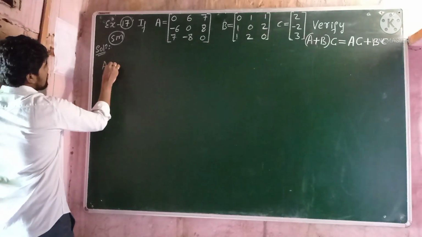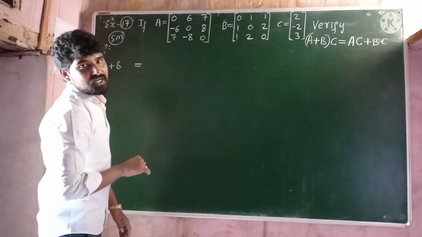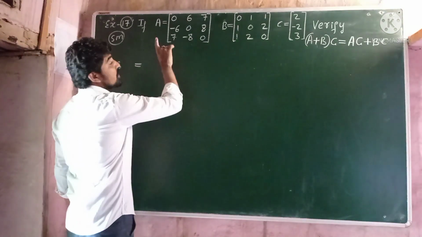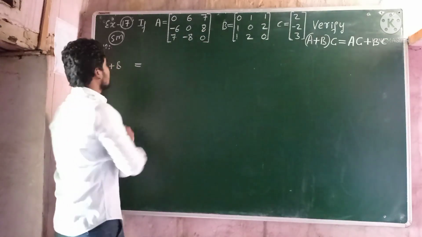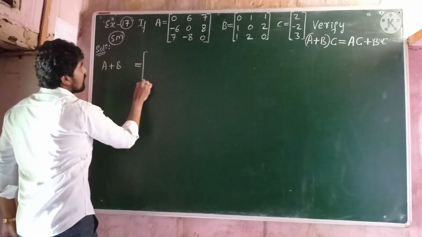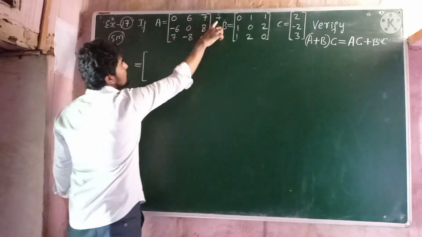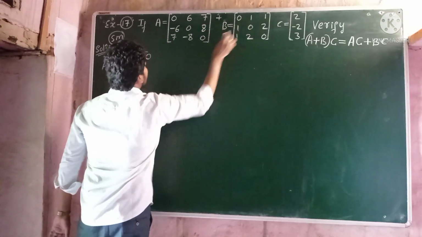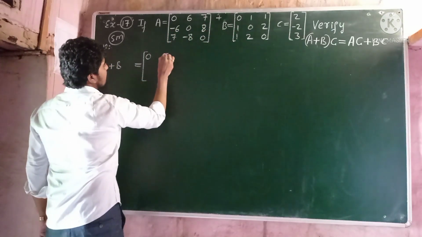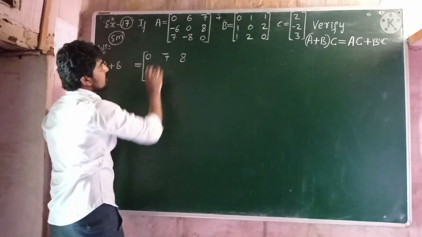So A plus B is a matrix which is obtained by adding the corresponding elements of matrix A and matrix B. Therefore, matrix A plus matrix B: 0 plus 0, 0. 6 plus 1, 7. 7 plus 1, 8.